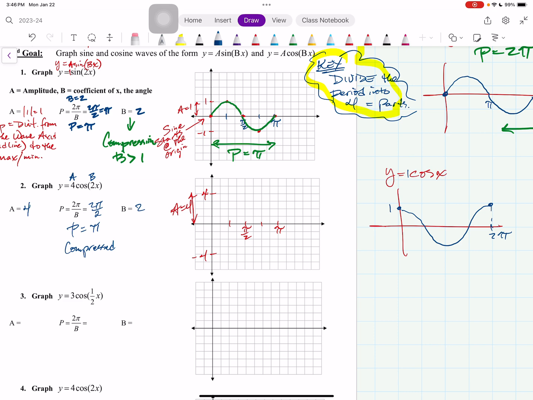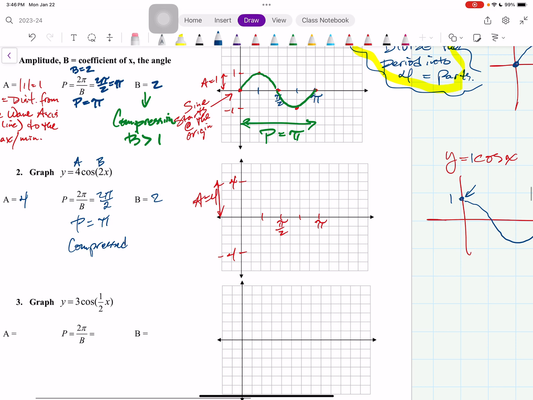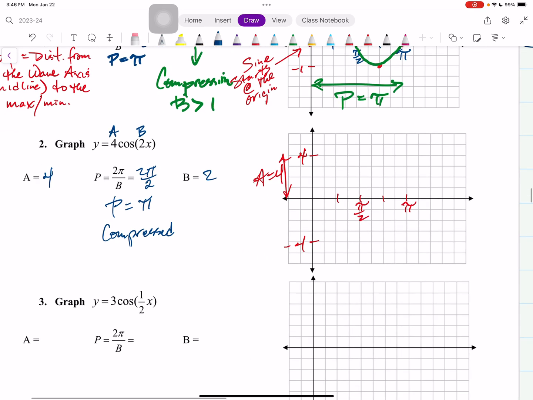So again, you start at the y-intercept. Cosine starts there at 1, but now because we have a new amplitude, we don't start at 1, we start at 4. Then it hits the wave axis, and at pi halves it goes down to -4, then back up to the wave axis, and then back up to a maximum. So it starts at a maximum and ends at a maximum with a length of pi this time, because we have a new period length.